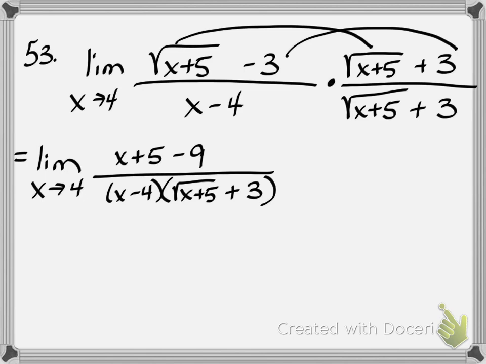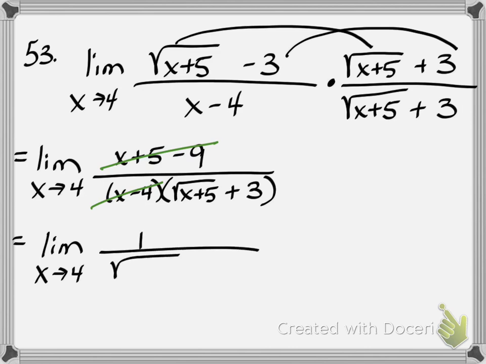So this cancels out with that because that is really x minus 4 up there, right? So that cancels out. So write down what's left. It's your simplified limit. 1 over the square root of x plus 5 plus 3.